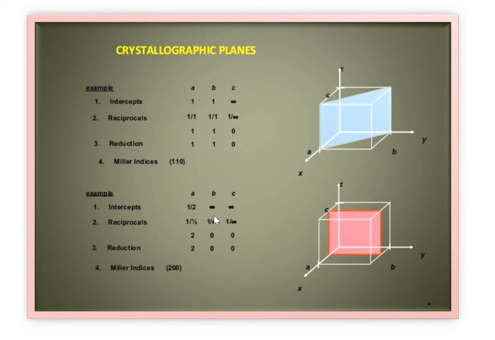So the reciprocals of these quantities are 1 upon 1/2, 1 upon infinity, 1 upon infinity. So the answer is 2, 0, 0. No fraction, so the final answer is Miller indices 2, 0, 0. So this is the method of how to calculate the Miller indices.